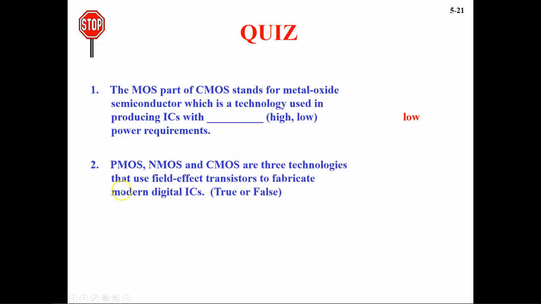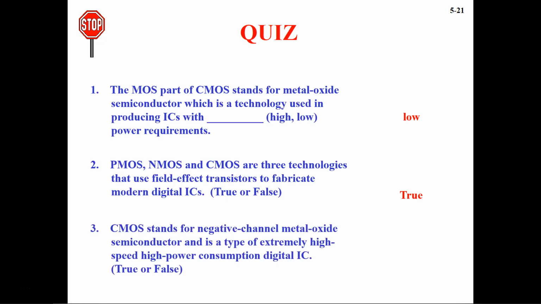Next: PMOS, NMOS, and CMOS are three technologies that use FETs, which is field effect transistors, to fabricate modern digital ICs. The answer to this is true. These technologies do use FETs to fabricate modern digital ICs.